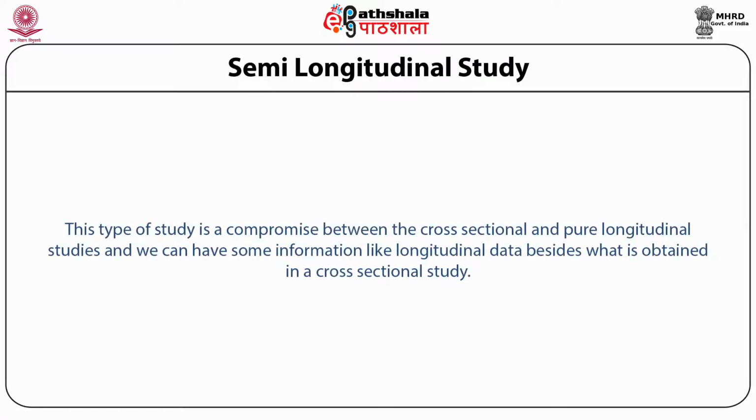This type of study is a compromise between a cross-sectional and pure longitudinal studies, and we can have some information like longitudinal data besides what is obtained in a cross-sectional study. These studies are less expensive and less time consuming compared to pure longitudinal studies.